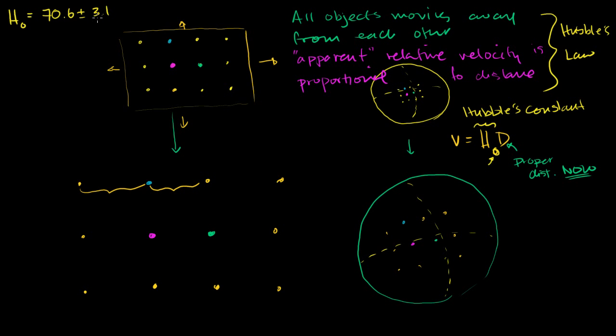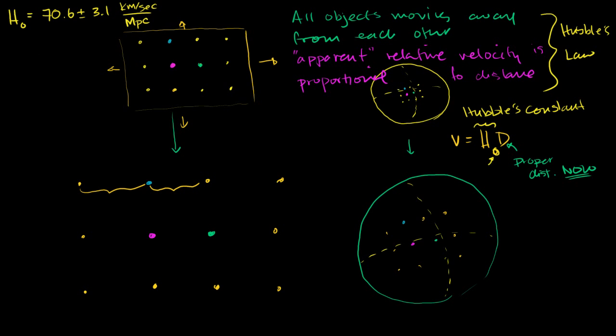So we have observed some variation here. There is, I guess, some error to our actual measurements. Kilometers per second per megaparsec. And remember, a parsec is roughly 3.2, 3.3 light years.